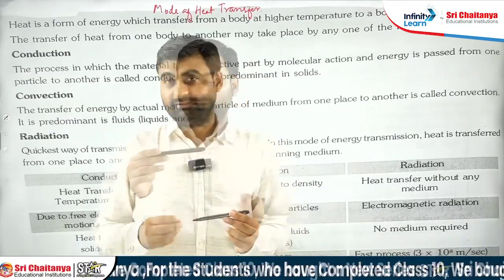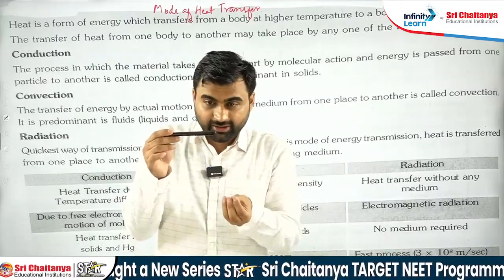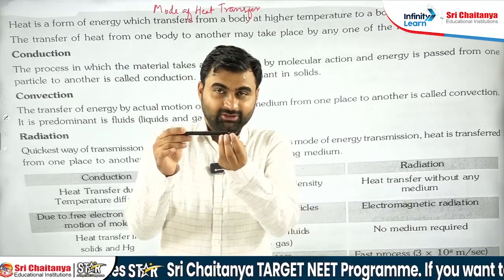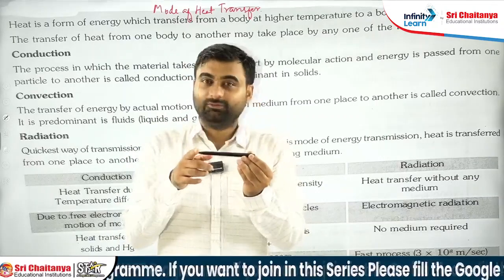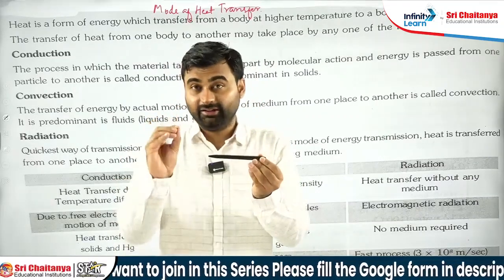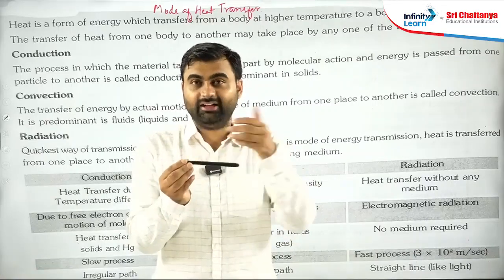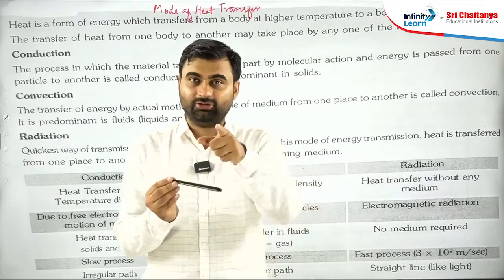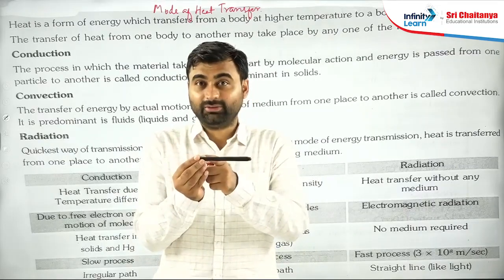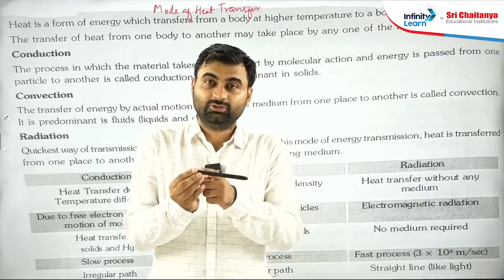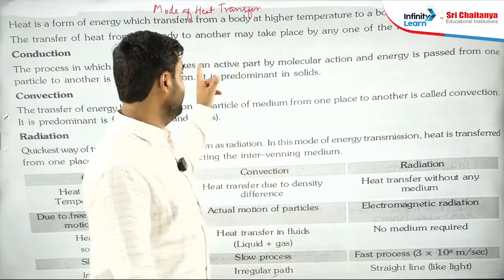This is the point we have to think about: we are heating from here, so this end should be hot, but why does the other end become hot? Heat is transferred from this end to this end. So heat also transfers within a body. What are the methods by which heat can transfer, we will discuss today.